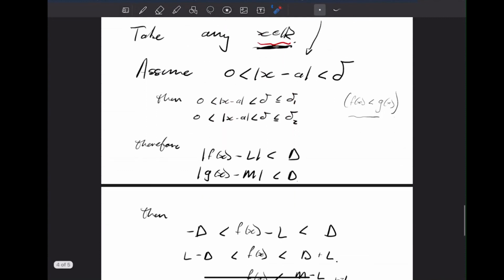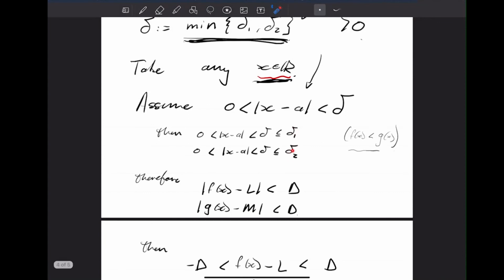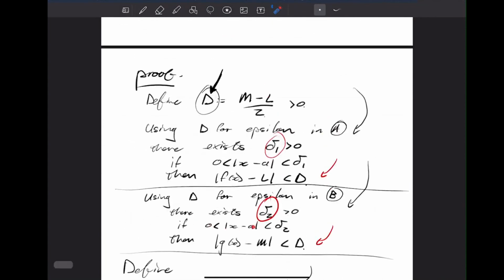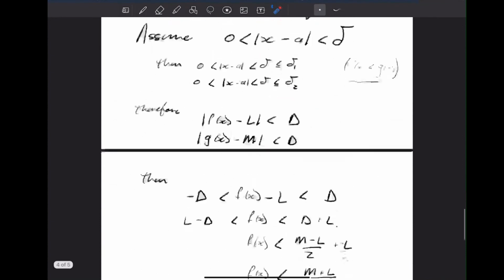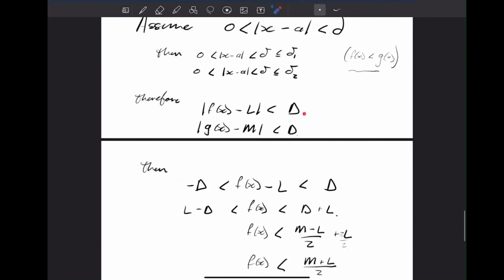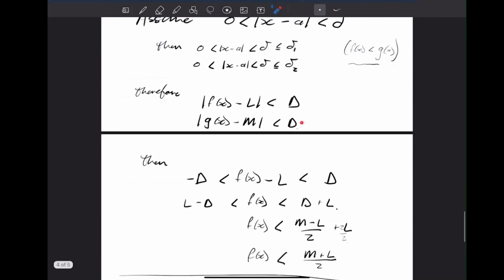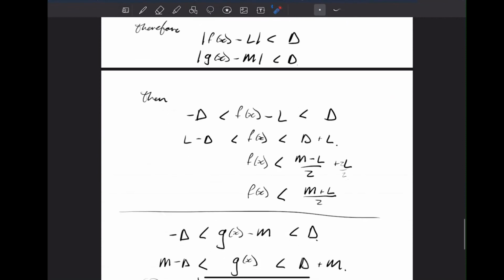And now, because of how we've constructed delta 1 and delta 2, we are in the situation where the hypotheses of these implications are true. So we obtain the conclusions. So that is how we get these two conclusions. And once we have these two conclusions, the rest is just algebra. So we expand our inequality for f.